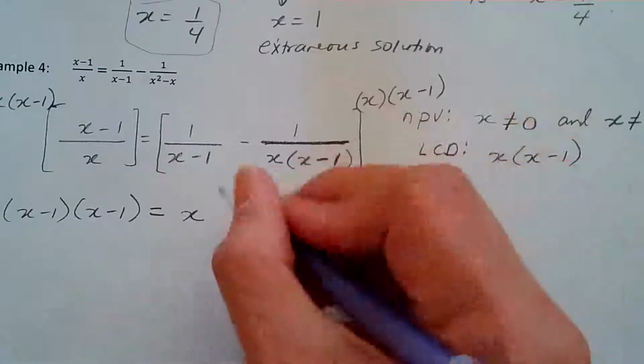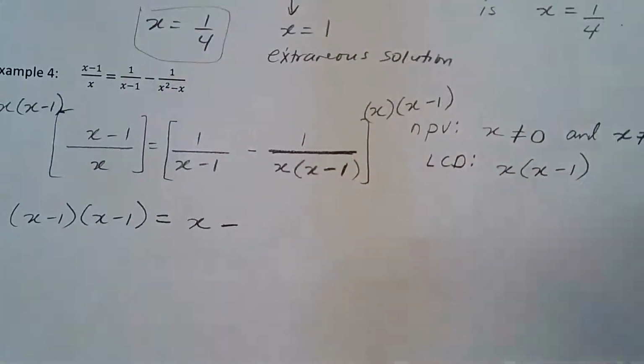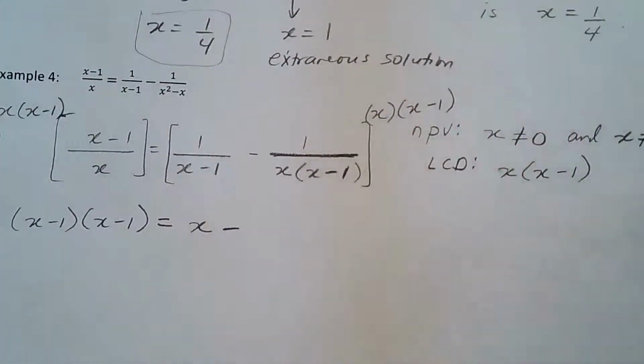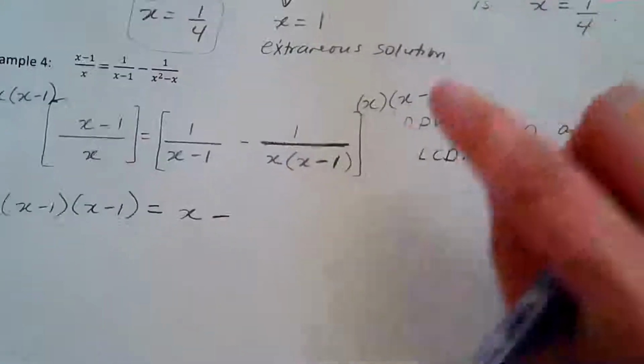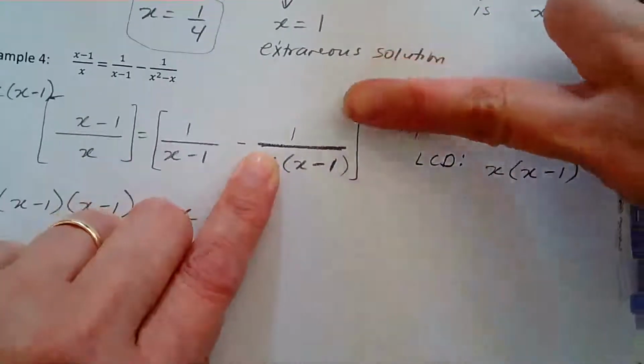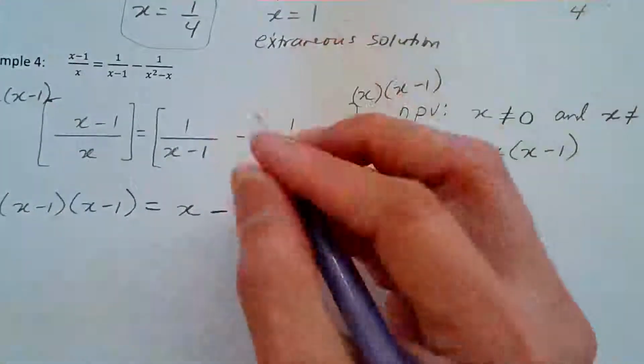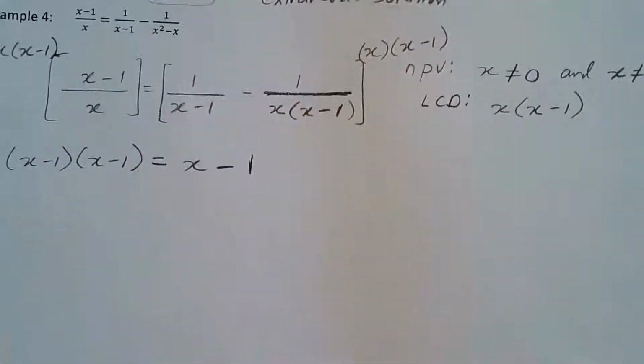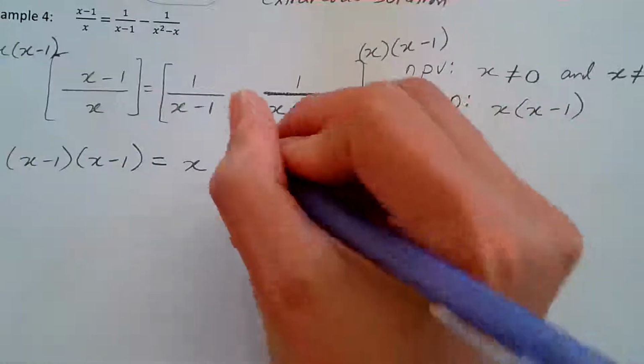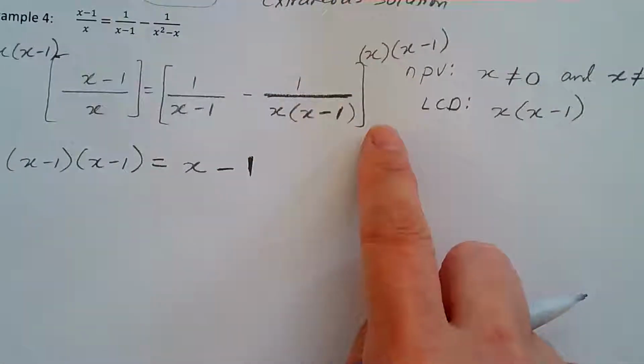Minus. If I multiply by the LCD, it looks like everything cancels. The x cancels, the x minus 1 cancels. What's left over? Just minus 1. Okay. Is everybody okay with that piece?